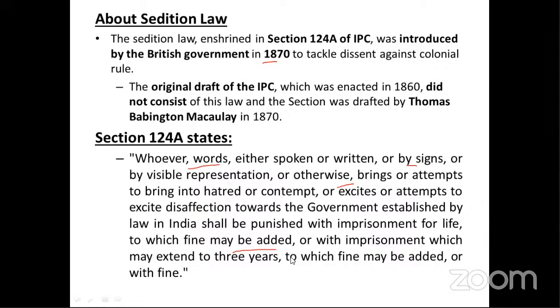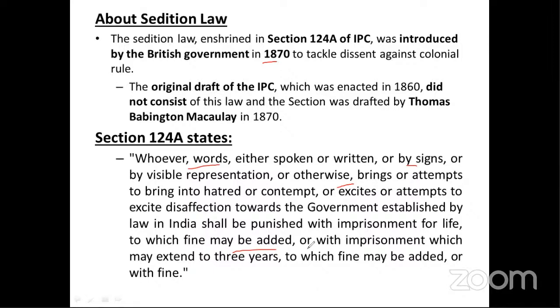Either by spoken or written words, if they paste something anywhere, or by signs, or by visible representation, if any disturbance or violence starts in any part of India, in such a case that person should be penalized under the Indian Penal Code.